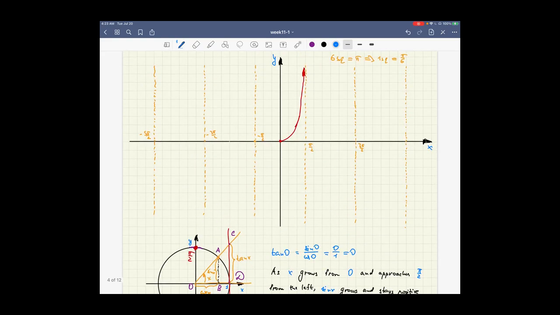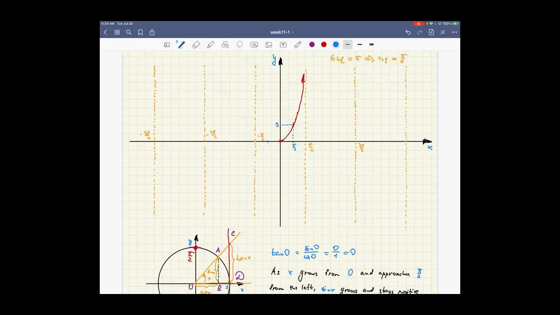So we can show that point. Well, assuming that this is pi over 4 and this is 1, the curve will go like this. And now we simply reflect that thing about the origin.